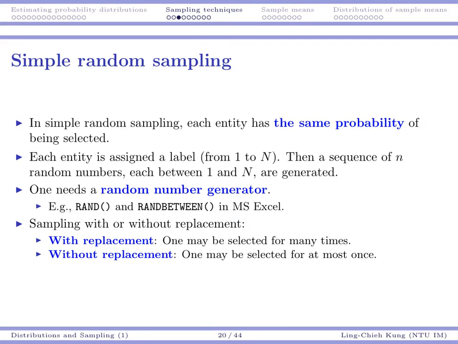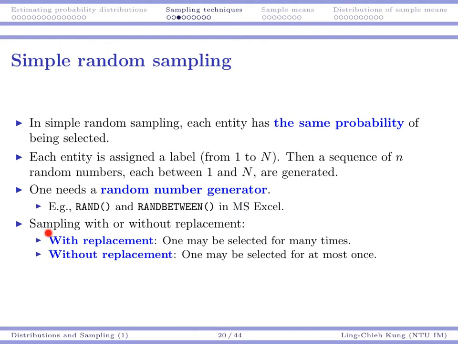Each one should be between 1 and capital N, so that later I can select those entities whose labels are generated in this subset. In that case, we need something called a random number generator. That's typically a function that, when you call it, gives you a random number according to some criteria, like the RAND and RANDBETWEEN functions in Excel, something we're going to talk about in class.